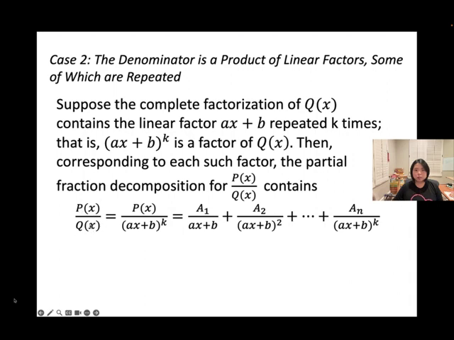And your Q(x) this time will be (ax + b) to the power of k. In this case, we're gonna let A1 over (ax + b), A2 over (ax + b) squared, and we're gonna add one more term. It depends on your k. If k equals 3, then you're gonna add A3 over (ax + b) to the power 3.